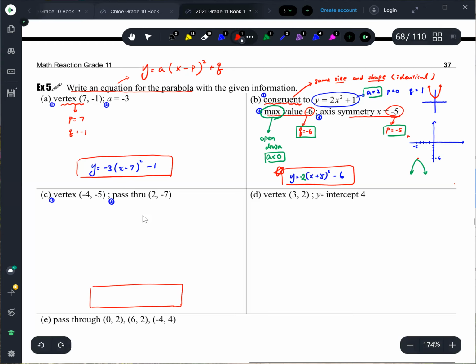If you still feel confused about the passing through points, you think about how we made the table, right? How did we figure out the table of values? What do we do with the points? Okay, then that will help you think about what to do with the point here.